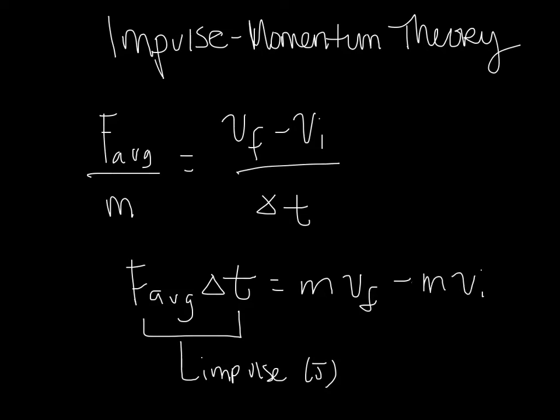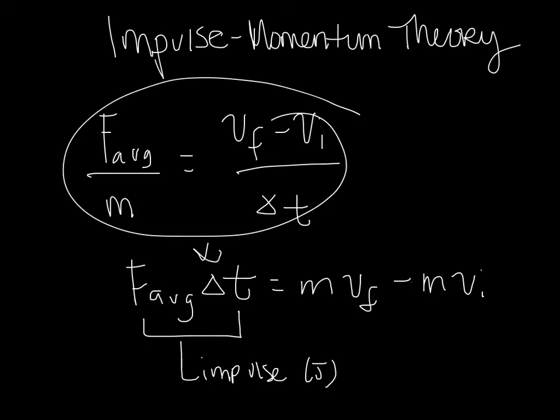So I just rearranged this equation algebraically, multiplying out the mass. Before it looked like v final minus v initial, but I just multiplied out the mass. So this is saying that impulse is equal to mass times final velocity minus mass times initial velocity.